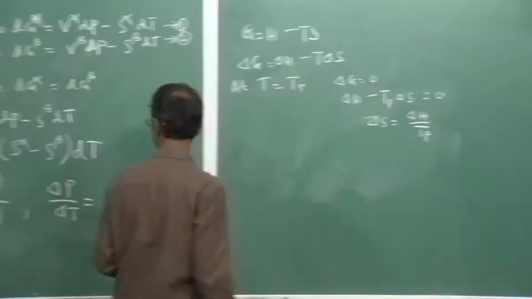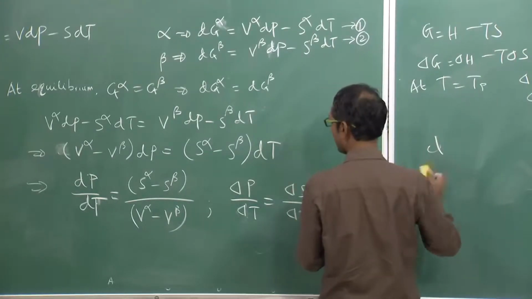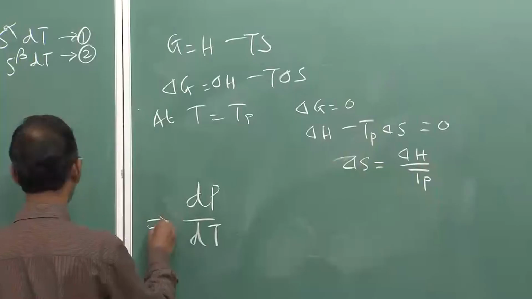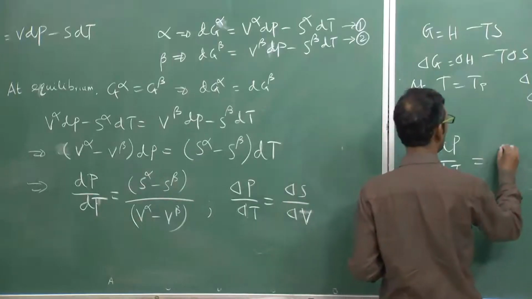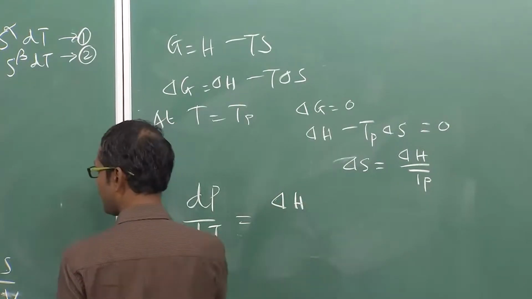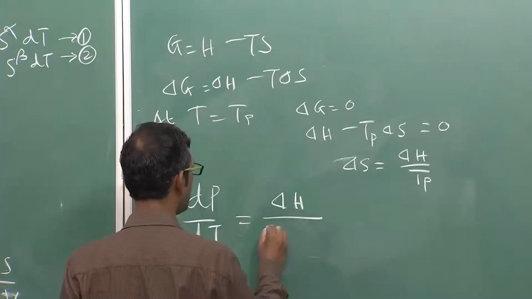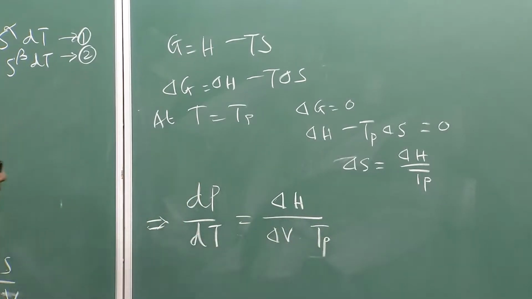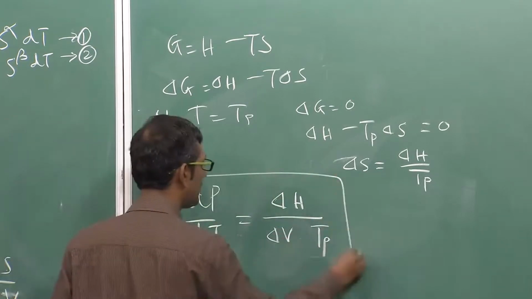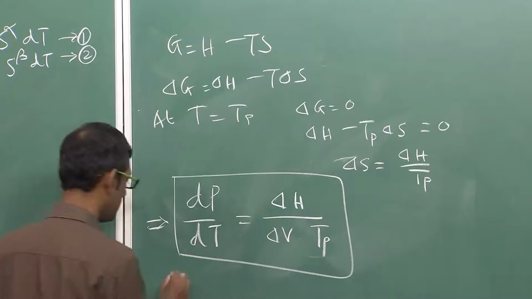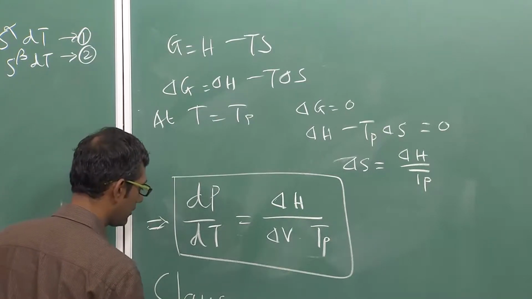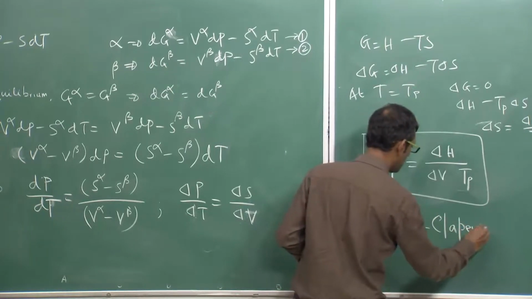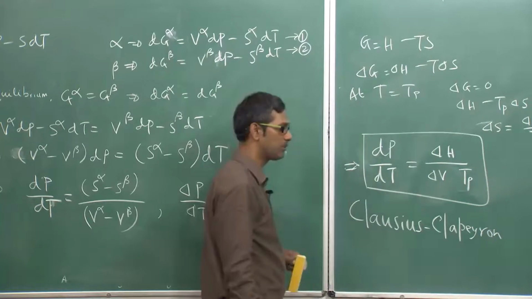So if I plug in there, I get dP by dT. I can use this equation and replace delta S, writing delta H divided by delta V multiplied by Tp, and this equation is known as the Clausius-Clapeyron equation.